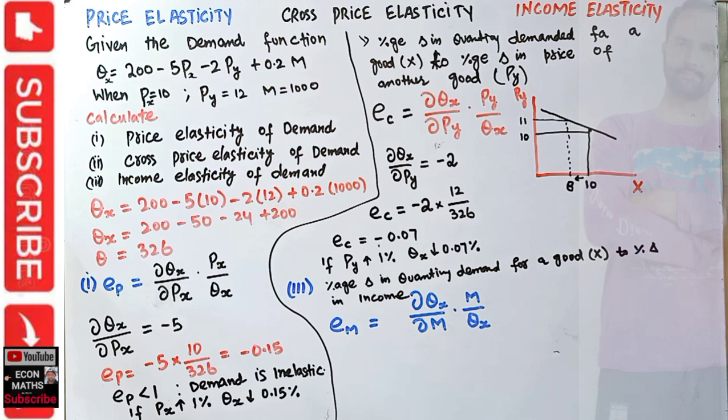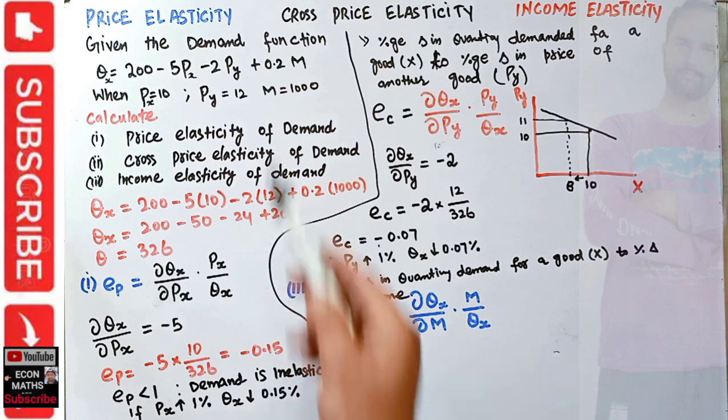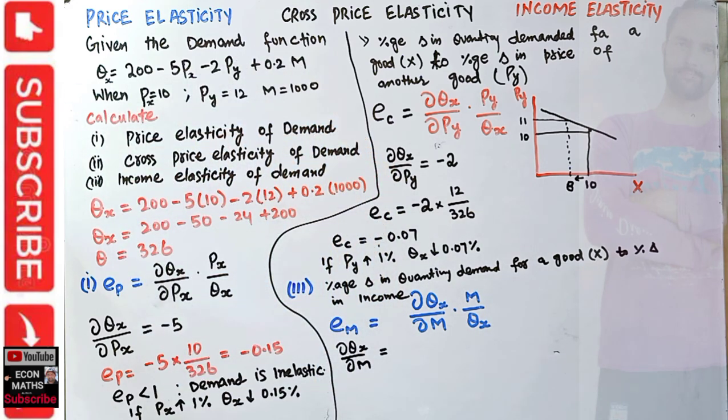Okay, and here first we need to find out this derivative, that is del qx upon del m. Taking the partial derivative of this function with respect to m, since we have only m in the last term, the derivative of all other terms will be 0, so we will get here 0.2.